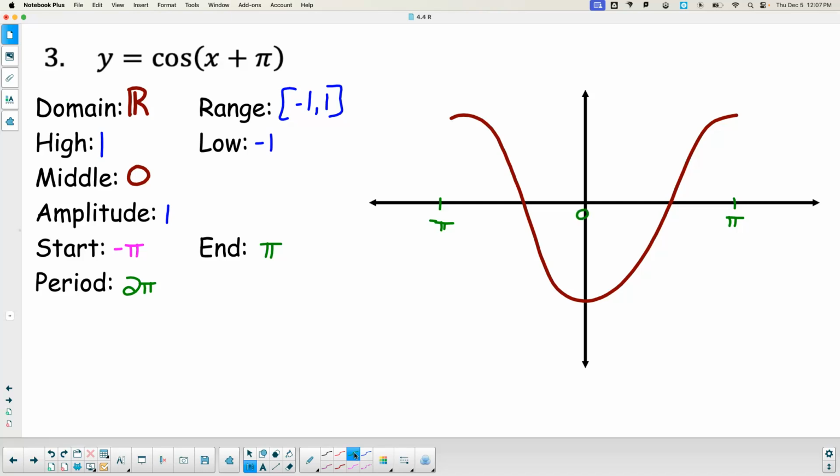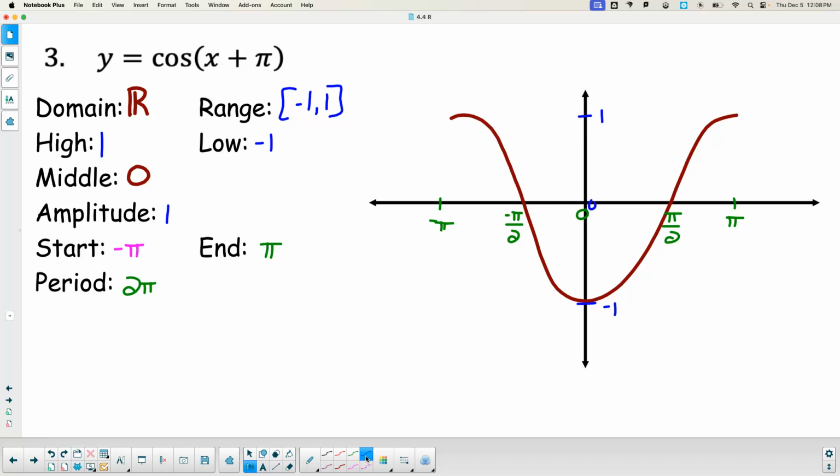Halfway of the halfways. -1/2 pi and +1/2 pi. Like it. -1, 0, and 1. Agree?